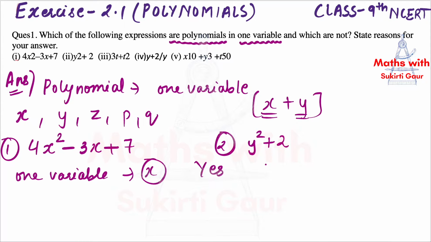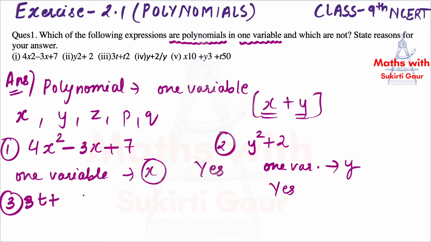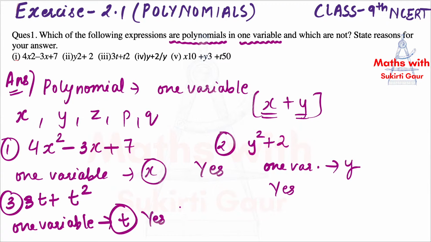Here also we have only one variable. That is y. No other variable we can see here. So is this a polynomial with one variable? Yes. Now third part is 3t plus t square. Is this a polynomial with one variable? Yes. What is the one variable? That is t only. So its answer is also yes.